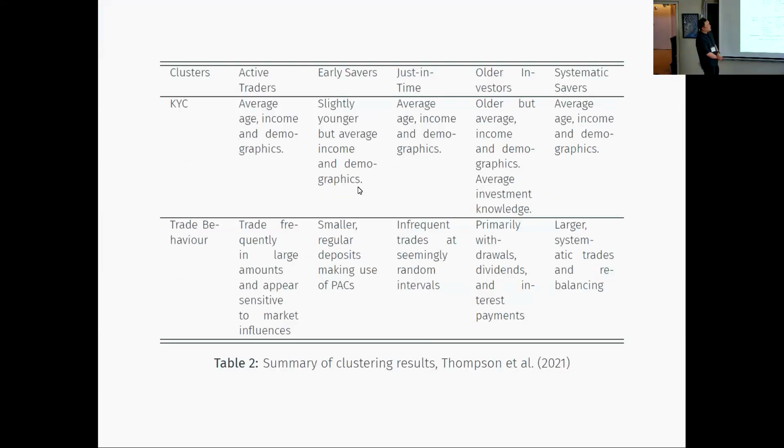And they have 5 clusters. We see that clients in different clusters do have different behaviors. Some trade more frequently and some trade less frequently. This result is very useful for us to understand the structure of the data.